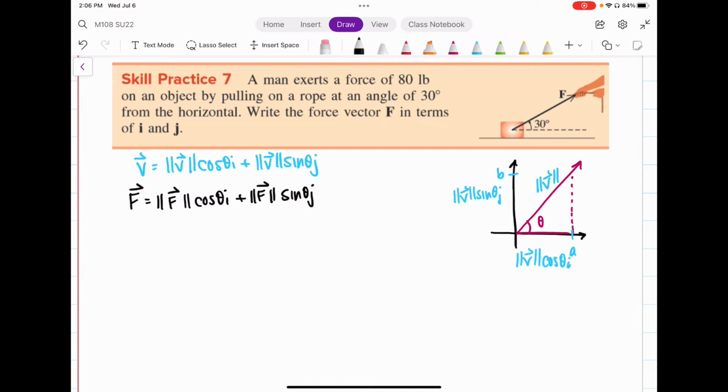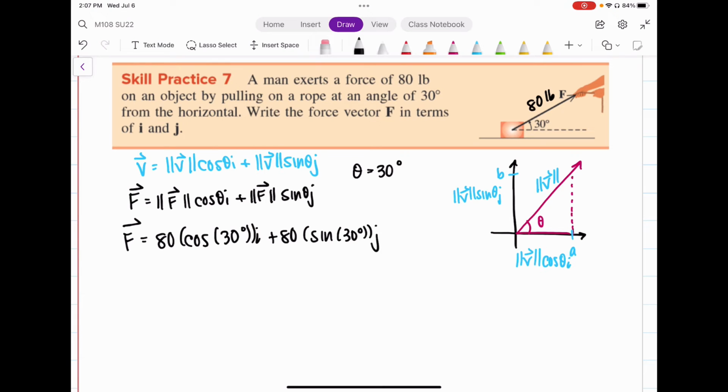So we've got this theta angle of 30 degrees. And we know that the force on the object is 80 pounds. Then the force vector is given by 80 times the cosine of 30 degrees i plus 80 times the sine of 30 degrees j.